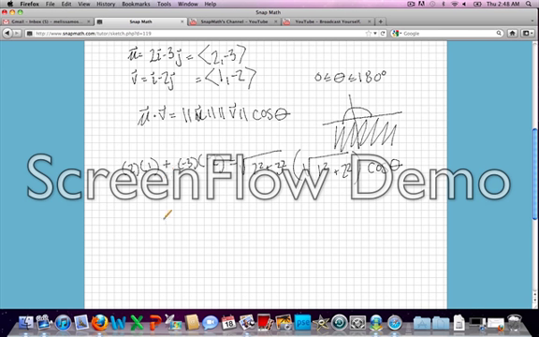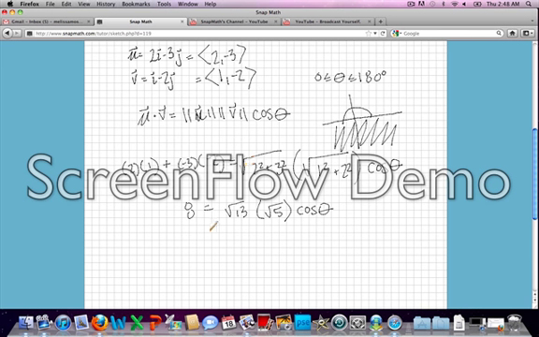Simplifying this all down, I have 2 plus 6, so 8, is equal to the square root of 4 plus 3, so the square root of 13, times the square root of 5, times cosine theta.